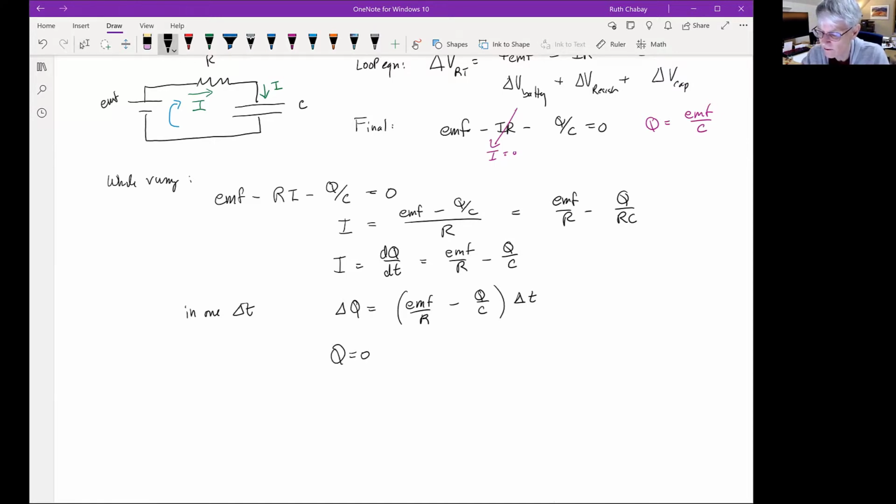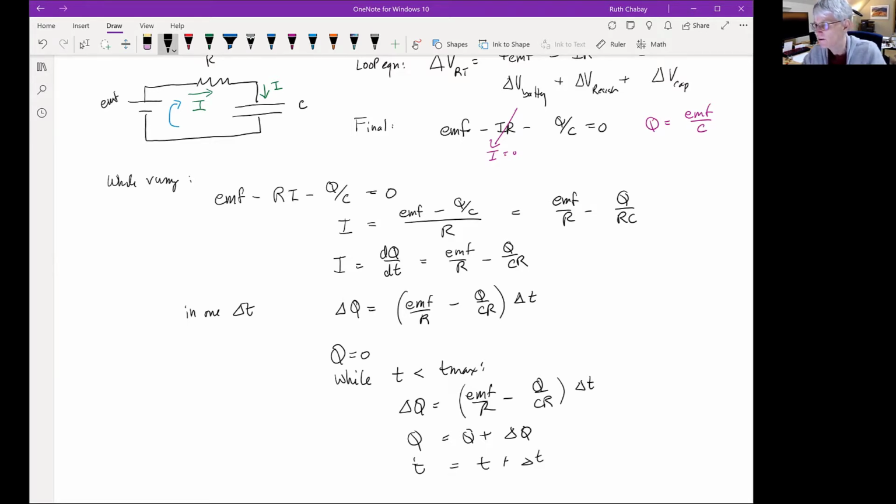We'd start out with Q equals 0, and we'd have a loop where while T is less than T max, we'd have dQ is the EMF over R minus Q over CR, times delta T, and then Q is Q plus delta Q, and T is T plus delta T, and then we loop, right? So let's just see what that looks like.